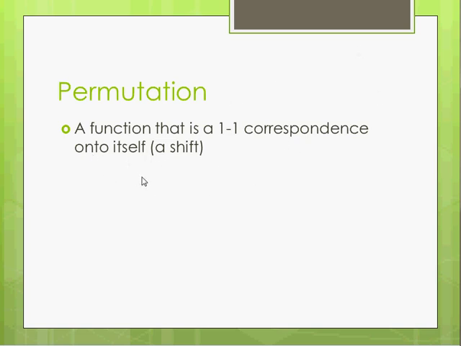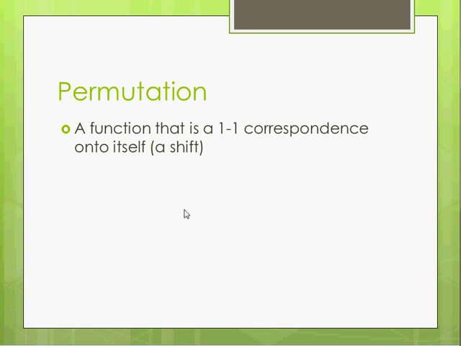So if we're talking about the numbers 1 through 6, the range is also 1 through 6. And since it's onto, that means that the range is equal to the outputs of the function. So if we start with 1 through 6, then we're going to end up with the bottom row being also 1 through 6.